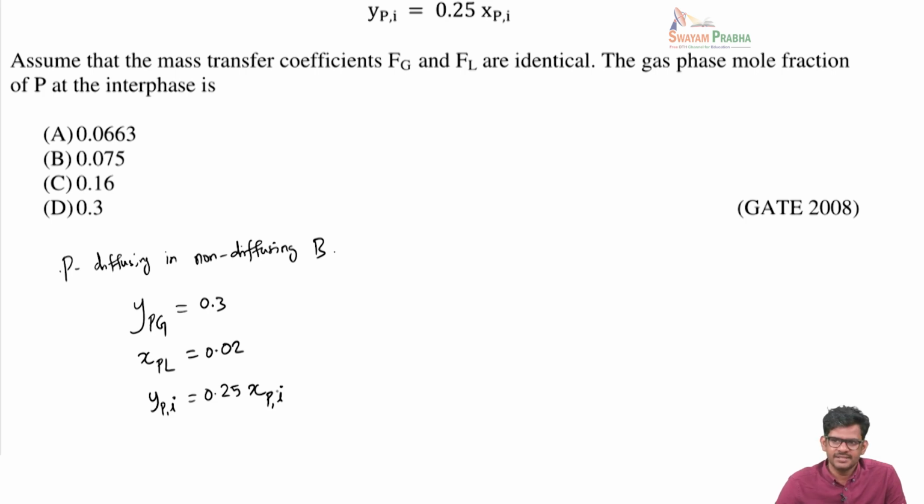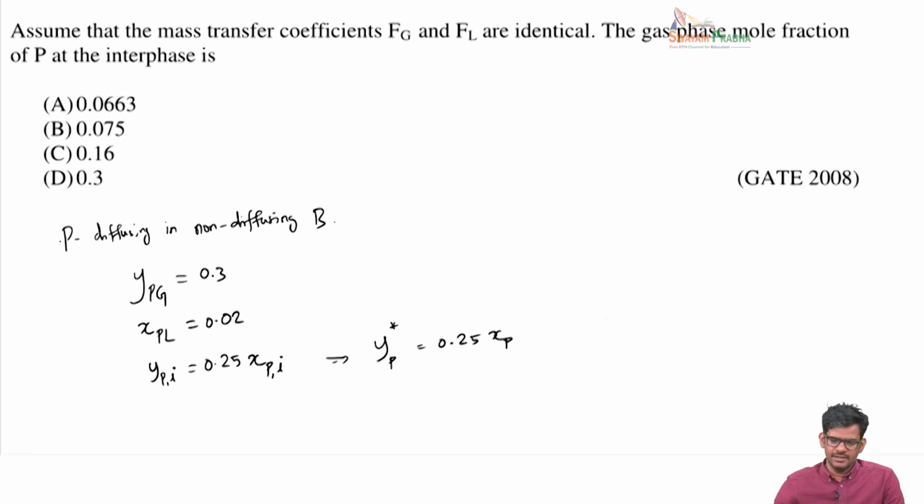You may recall I already said the interface does not have any resistance for mass transfer, so the interfacial concentrations are essentially equilibrium concentrations, meaning this interfacial composition relationship is actually the equilibrium relationship. Okay, so we can interpret this as YP star is equal to 0.25 XP. Okay, so this is another trick to confuse a student by giving the interfacial concentration. So one may be confused about whether this is an equilibrium curve or an interfacial concentration relationship. Okay, but basically they are the same.